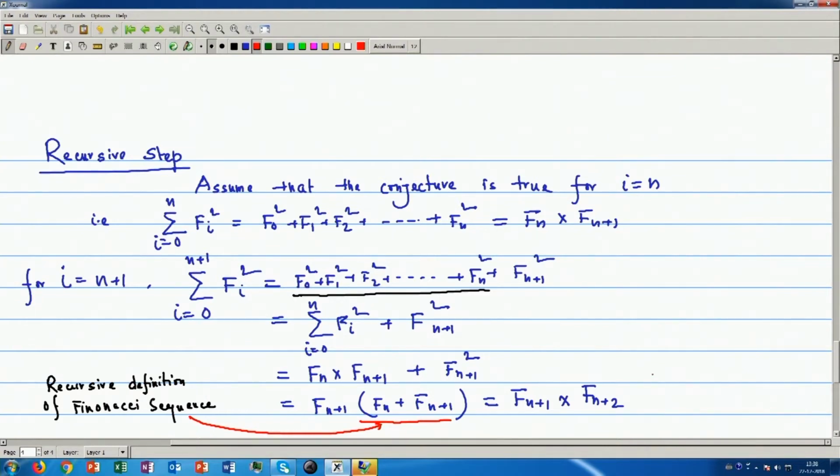So, this is f n plus 1 for i equal to n plus 1, it is true.